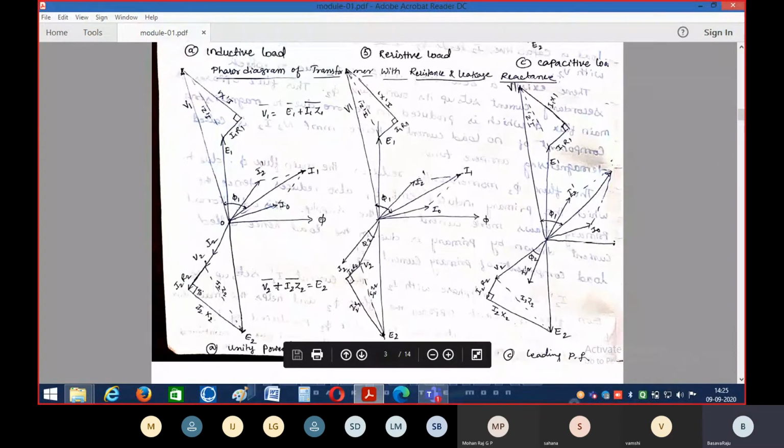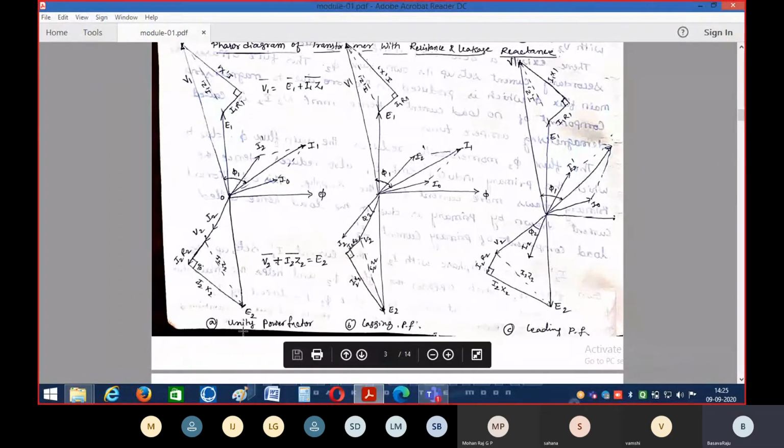We will discuss the next case. Firstly we discussed the vector diagram when the power factor is unity. In the case of unity power factor, what type of loading will we have? The resistive load. Only in the case of a resistive load is unity power factor possible. Why? Because the voltage and current vectors are in phase, therefore the power factor angle phi is equal to 0, and therefore the power factor cos phi is equal to unity, or 1. So the secondary winding current and secondary voltage are in phase.